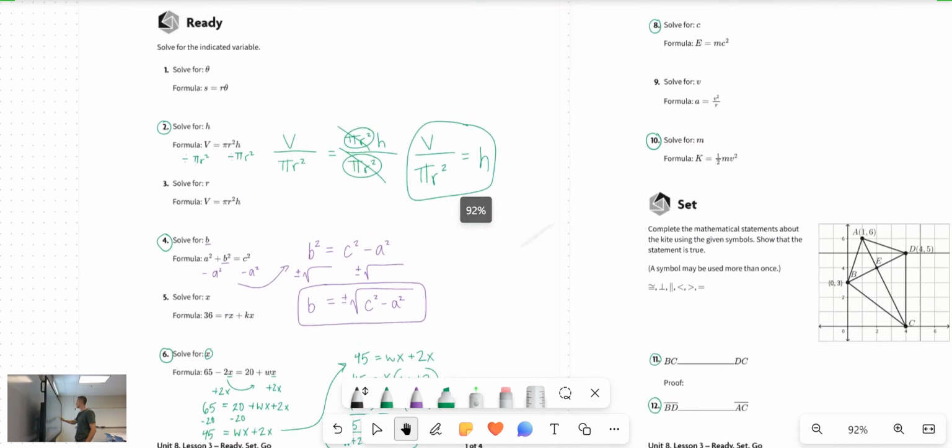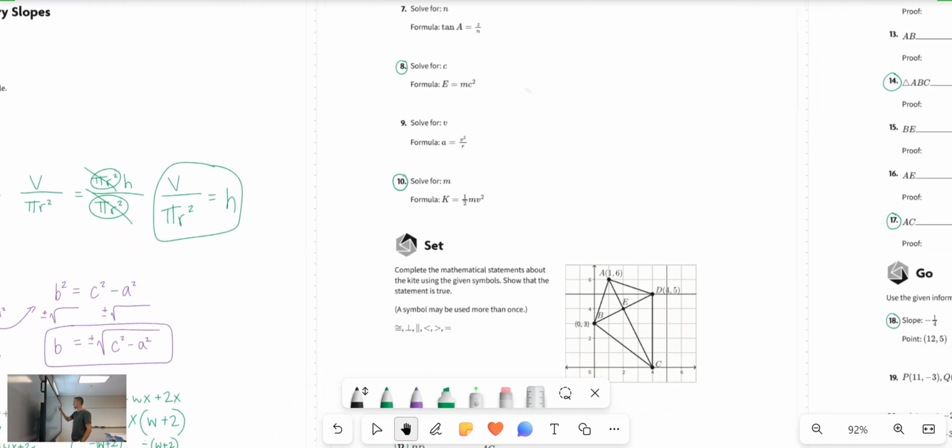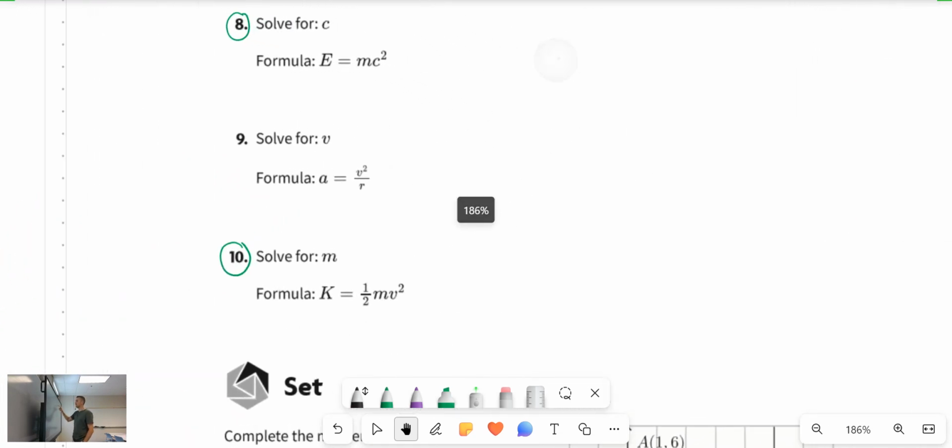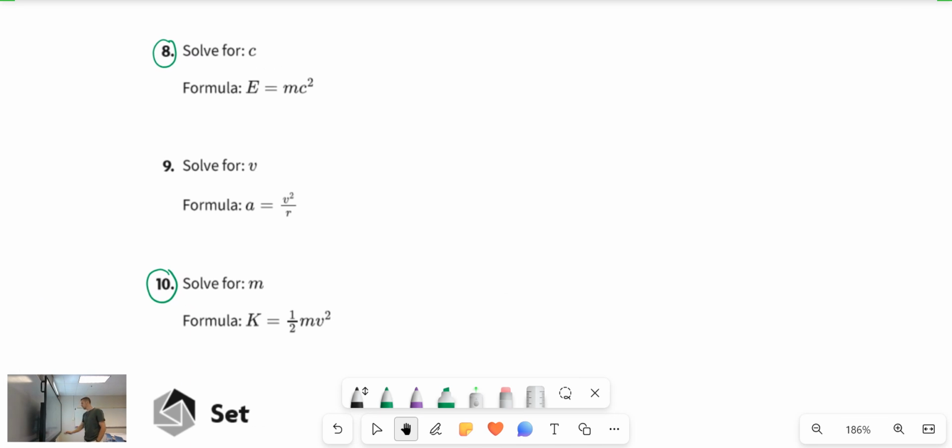All right, up to the top. We're still going. Solve for C. We'll go with the purple. Solve for C. E equals mc squared. Anybody know this one? This one's from Albert Einstein, I believe.